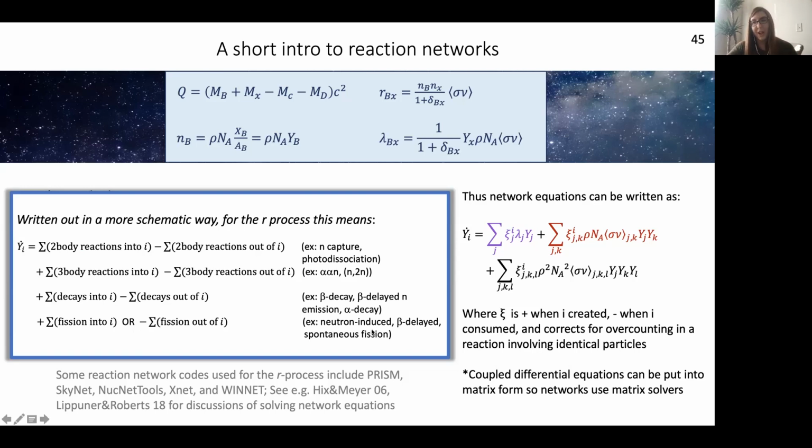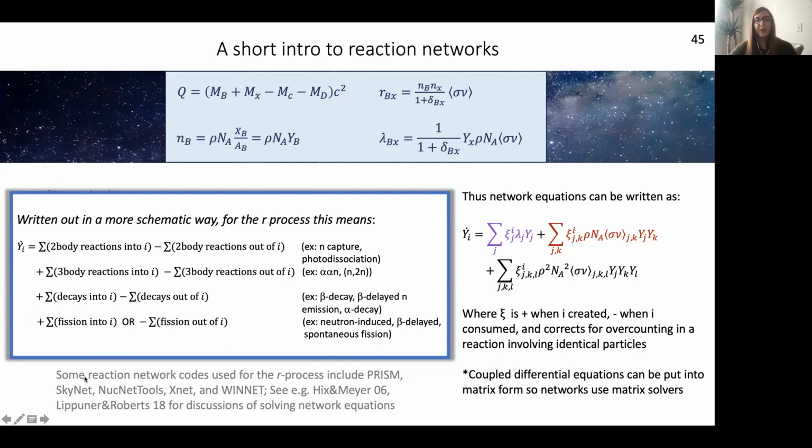There are also three channels of fission that we have to consider within the R process: neutron-induced, beta-delayed, and spontaneous. We'll talk more about fission in the next part of this talk. But for now, this is just a schematic to understand all of these different reactions that go in.